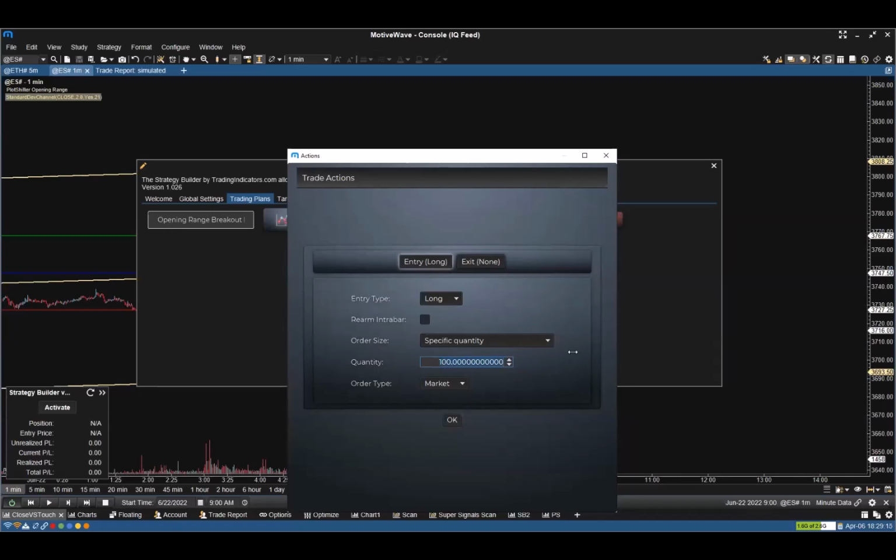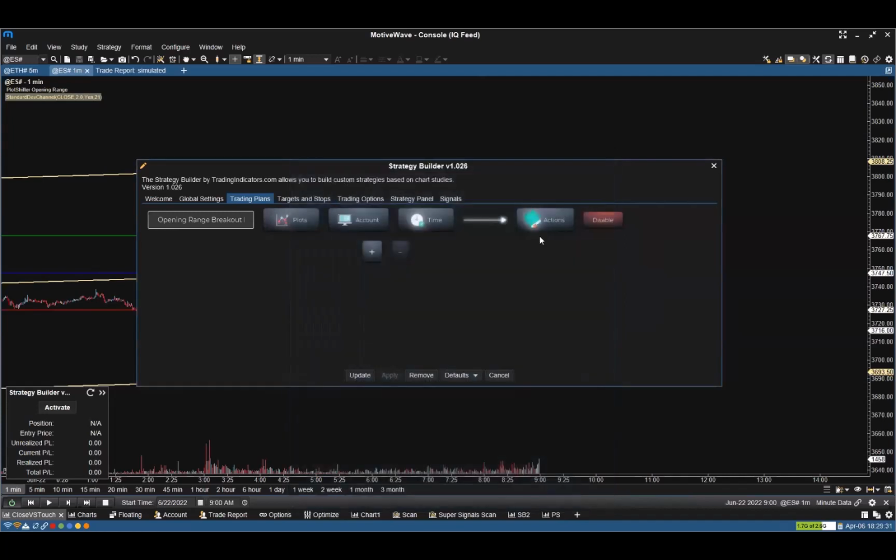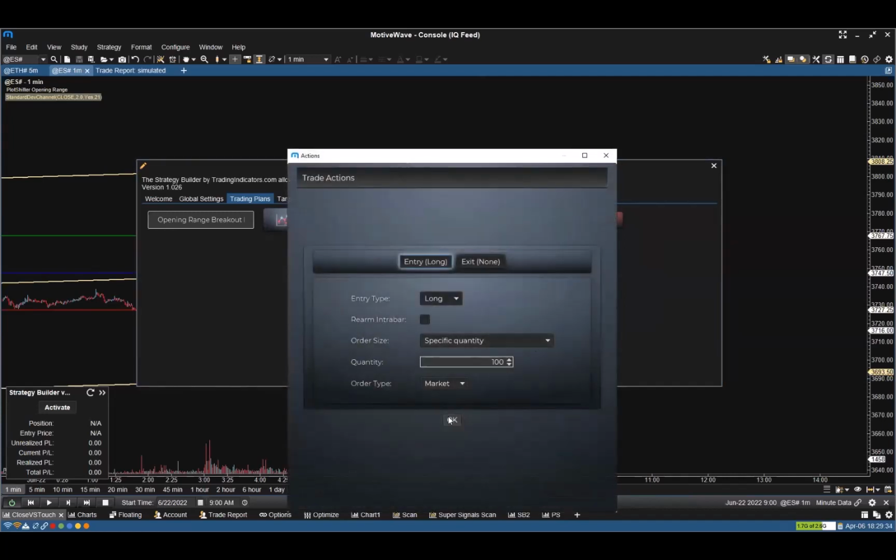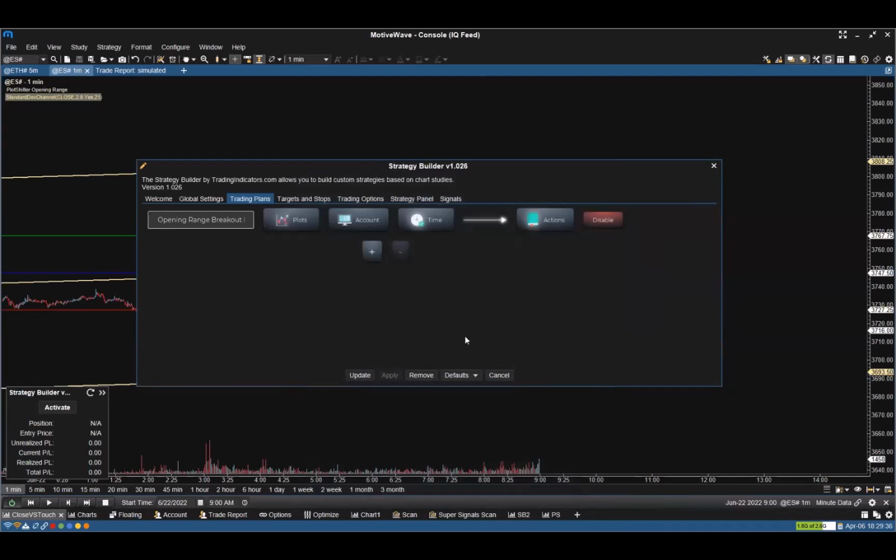So that's not going to cause a problem for you if you're trading stocks. Just type in 100, click enter. But once you click OK and come back, you may see all those decimal points. It's not going to affect anything. You don't have to worry about it. It has to be there, we can't remove it, it's the platform. They're there in case you're trading cryptocurrencies or partial shares.